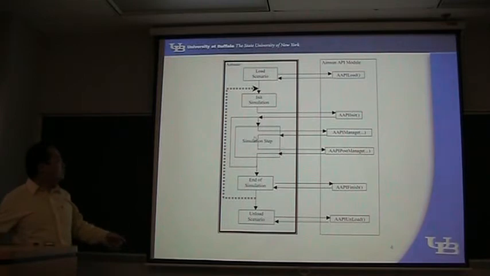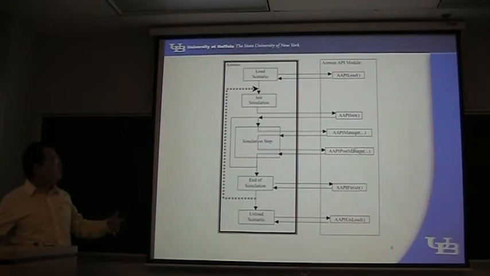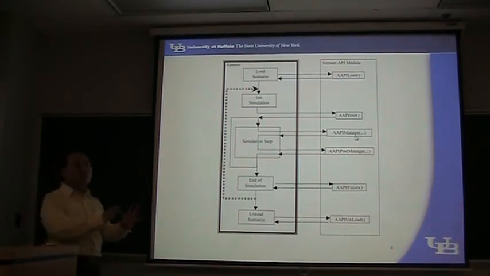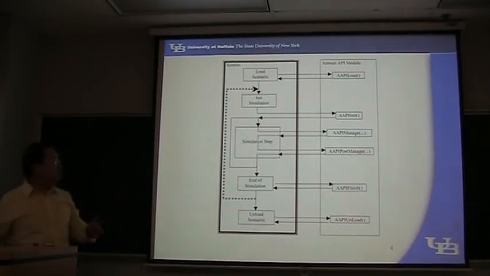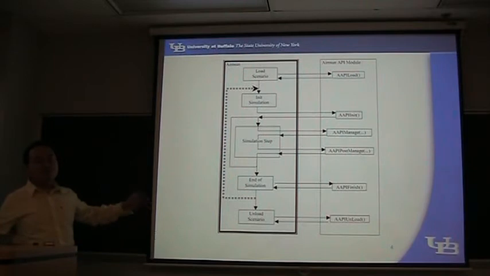So it's your function. MSum will call your function. Then within the simulation, for each simulation step, two functions will be called. One called AAPI manage, the other one called AAPI post manage. AAPI manage will be called before MSum performs all the models. And this post manage will be called after MSum performs its simulation, every step.